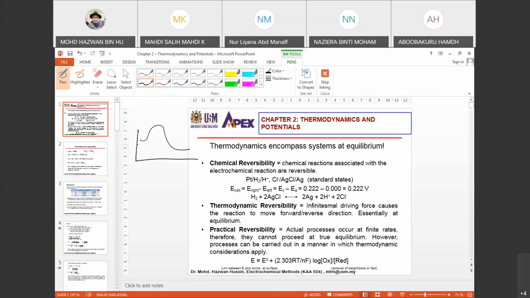So this is the reactant, then the product. Okay, so this up to here is actually known as activation energy, the energy required to achieve the optimum point where after that it will result in different types of species. And then delta G is actually the overall value. So this is actually delta G.